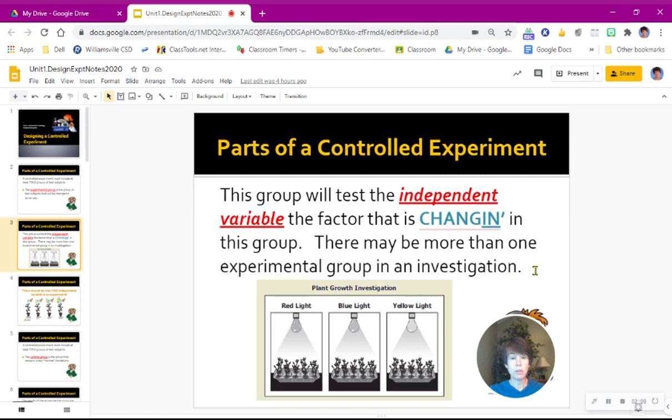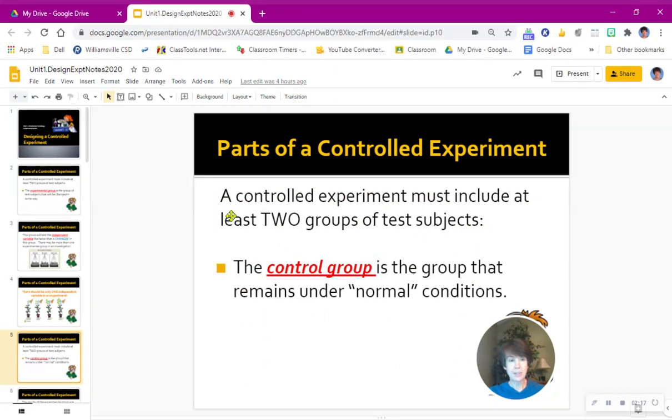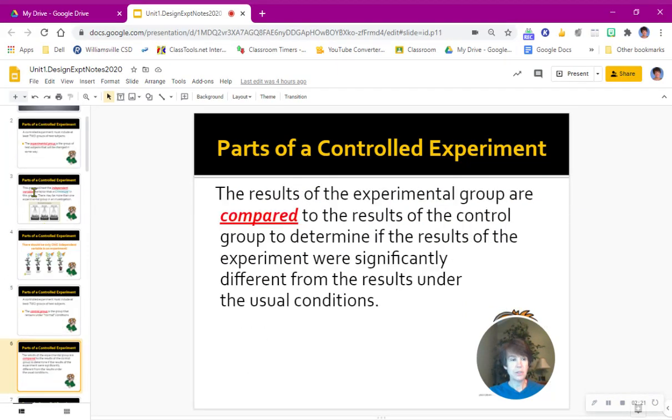And like I said, there might be more than one experimental group in an investigation. So in this little investigation of plants, we have 3 different experimental groups. We have each of these groups receiving a different color of light. Now, this is extremely important, which is why it's got a little tag next to it in your notes that says important.